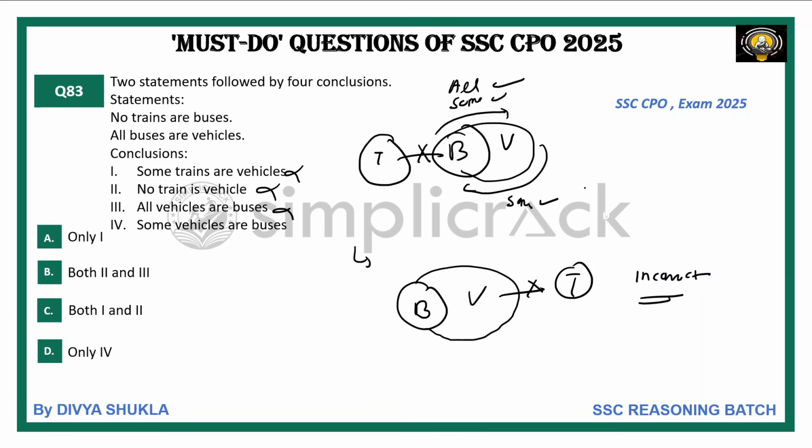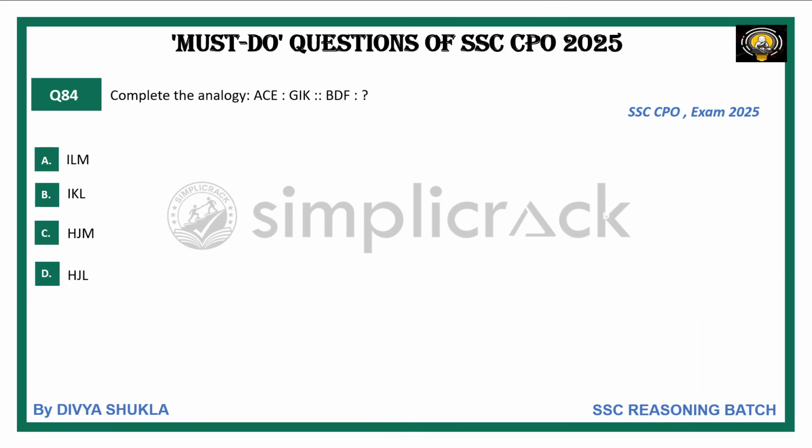That means I can say that yes, all buses are vehicles. I can say some buses are vehicles, but I can't say all vehicles are buses. I can only say some vehicles are buses. That is why the fourth conclusion would be correct. So option D is the correct answer for this question. I hope this question is clear to all of you.